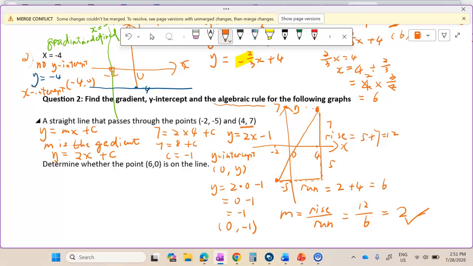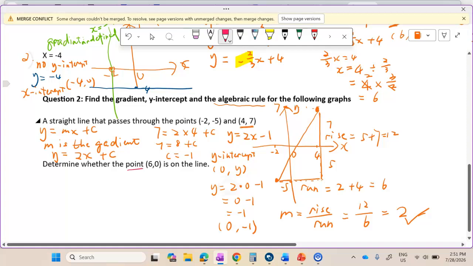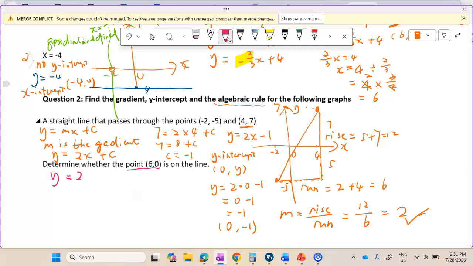Now the next one is determine whether the point is on the line. To determine whether a point is on the line, all we need to do is to substitute the value back into the rule and decide whether the equation still holds. So when x is 6, that gives us 2 times 6 minus 1.